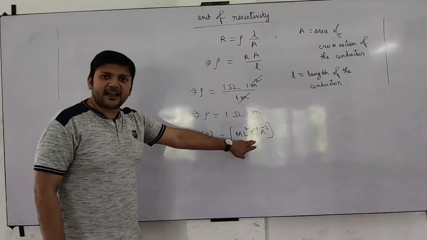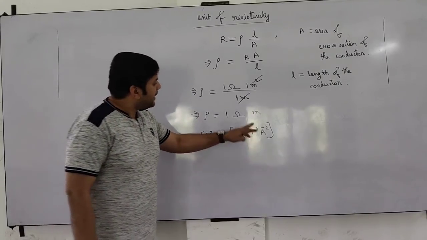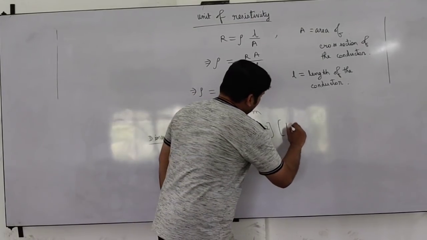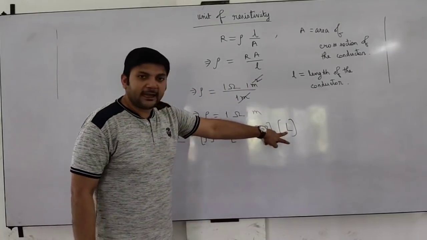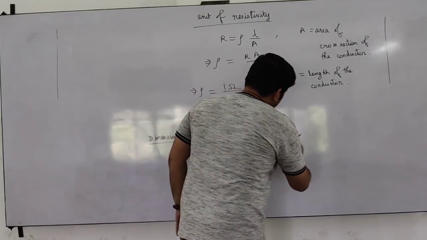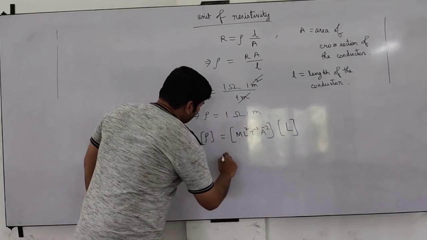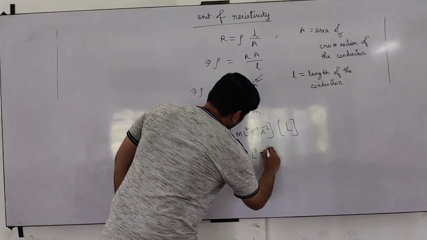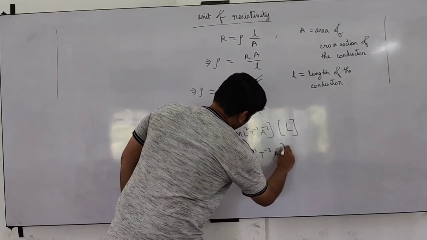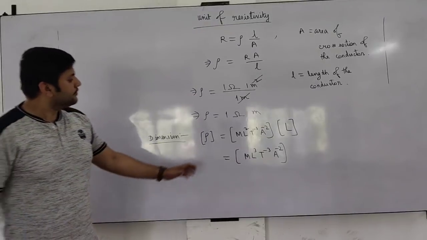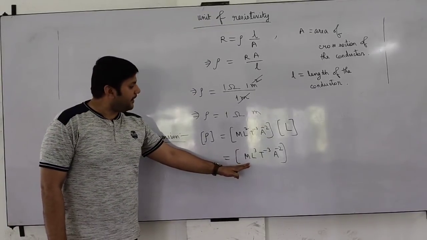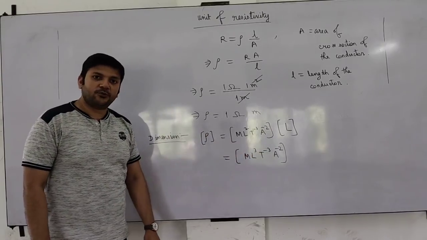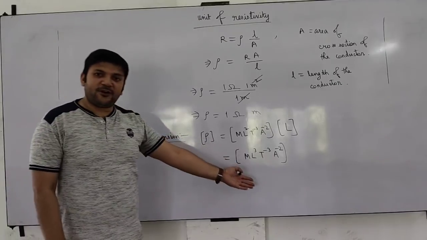You got it earlier in the last video. Then this is meter, the length, whose dimension is capital L. So rho will have dimension M L cube T to the power minus 3 A to the power minus 2. Are you getting this point?